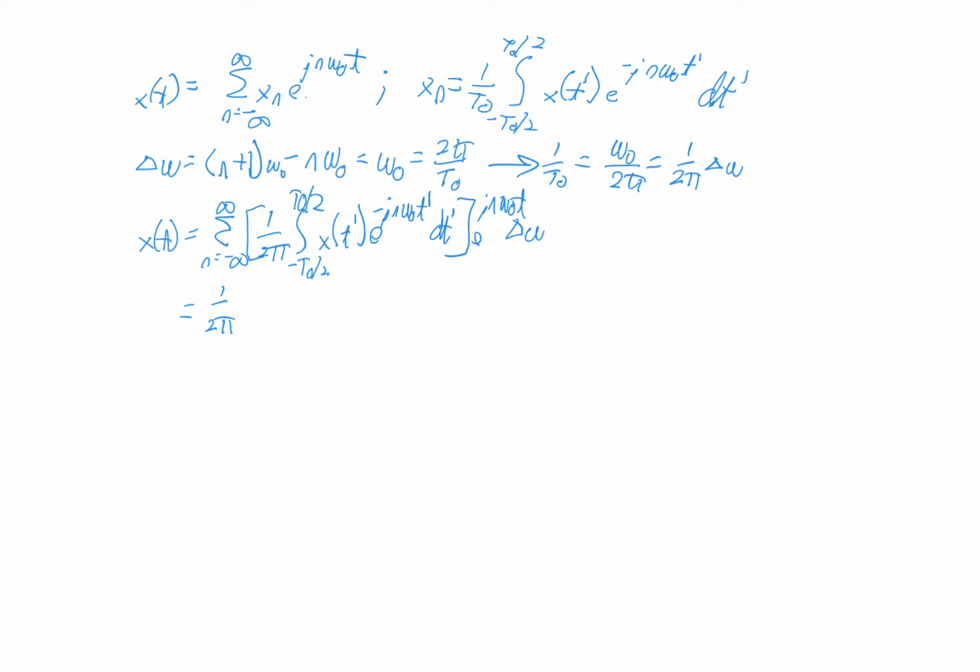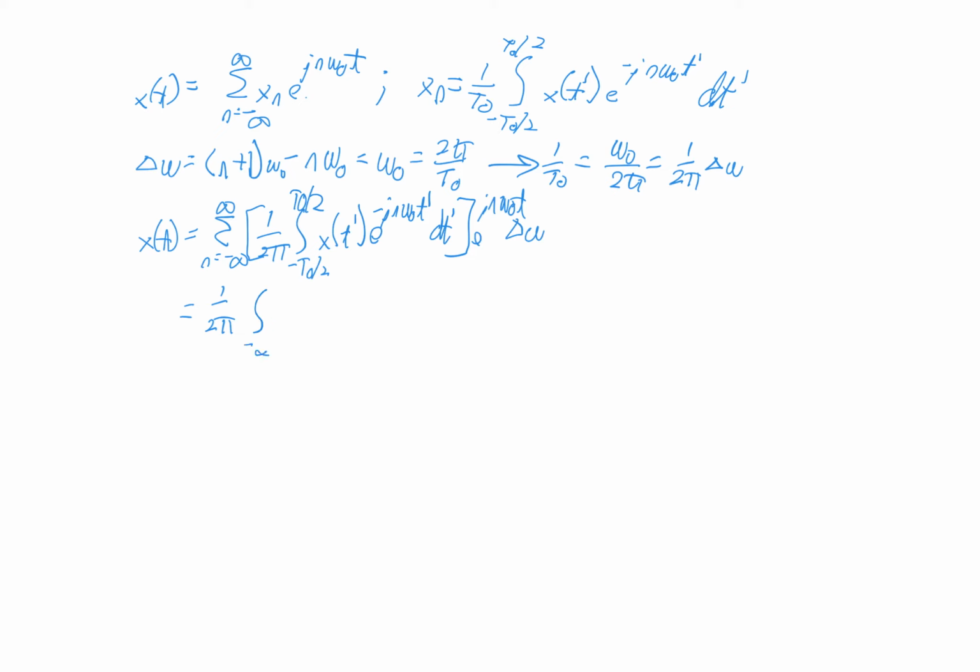The summation from n equals negative infinity to infinity, I am going to change to an integral. So instead of summing up this expression and multiplying each term by the step in omega, we're going to integrate over all omega. So this is a Riemann sum type approach to transitioning to an integral.